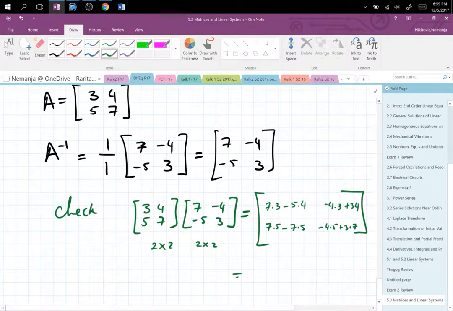So when you compute this, 21 minus 20 is 1, 12 minus 12 is 0, 35 minus 35 is 0, and again 21 minus 20 is 1. And this is the proof that the matrix you obtain is an inverse of your input matrix A, because when you multiply them to check, you got the identity I.